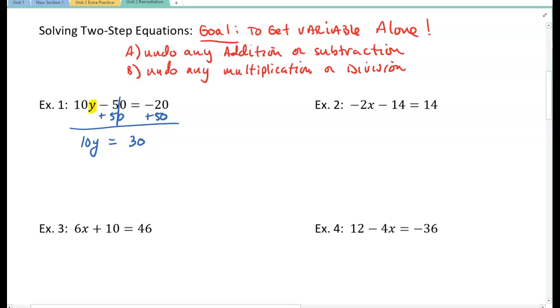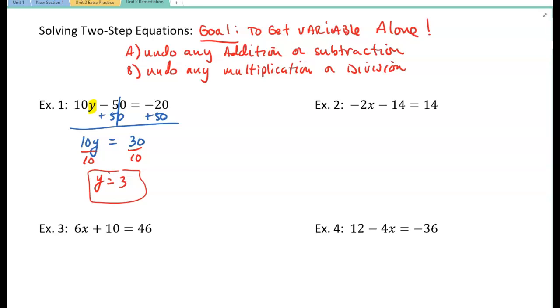Now I have one step to do. And that next step is to go ahead and divide by 10. And y would equal 3. Okay, and that's the solution to the equation. So make sure you always undo addition or subtraction first.